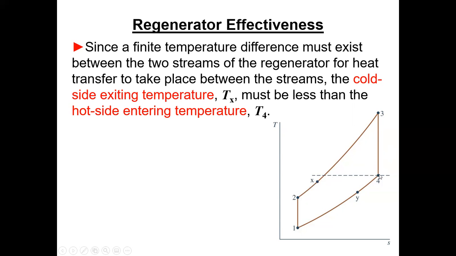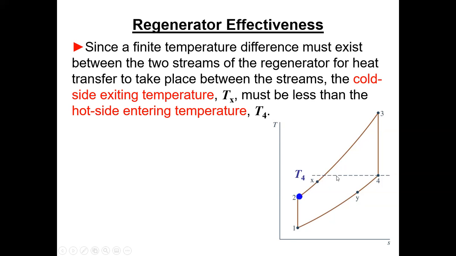Likewise, 4 is reduced to Y. If this was infinitely large, Y would be all the way down here at 2, but again, it's not, because we can't afford that heat exchanger, so it's going to be up. But Y has to be greater than T2, and X has to be less than T4.